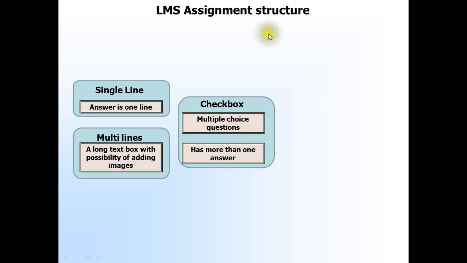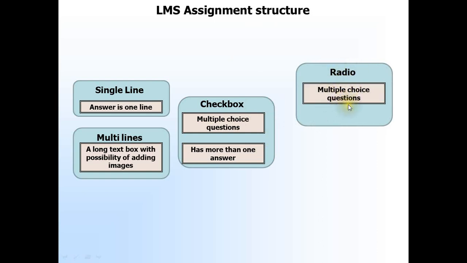After this, let me tell you about another type of question called radio button, or radio. This also is a multiple choice question, but this one gives students only one possible answer. For example, you can add a question that is true or false.